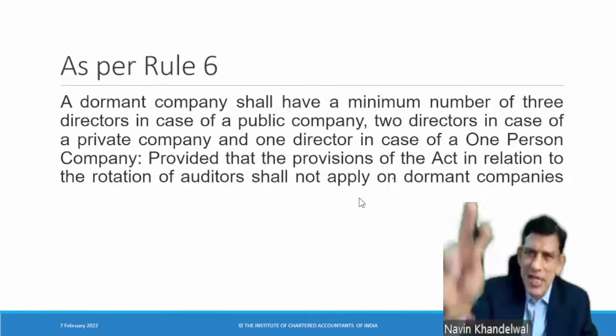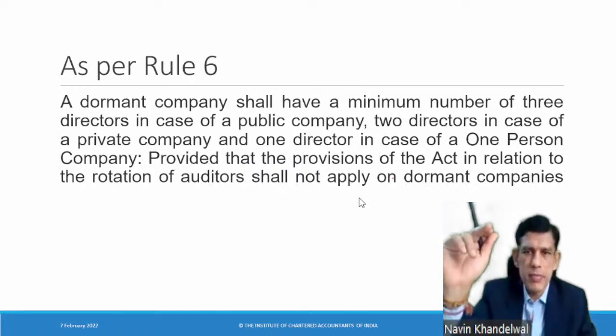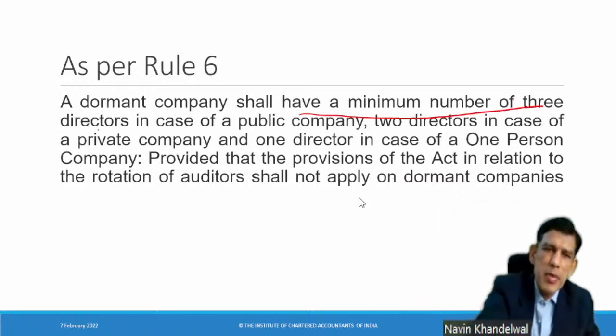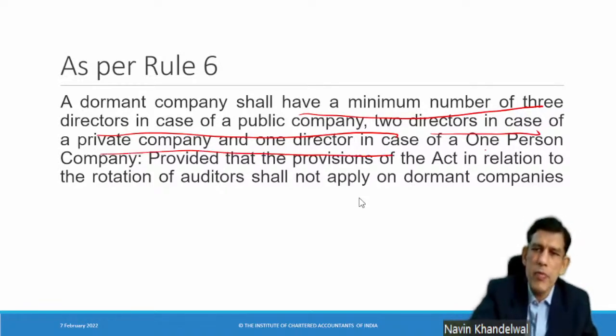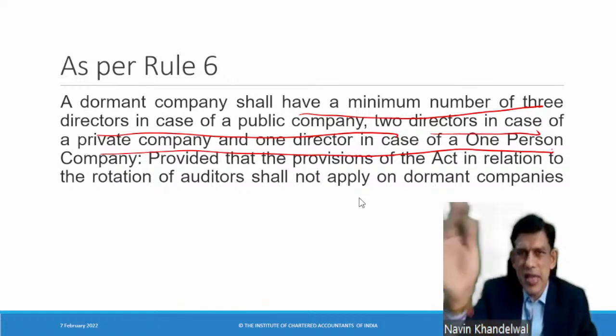So as per rule number 6, a company shall have minimum 3 directors in case of a public company, 2 directors in case of a private company, and 1 director in case of a one-person company. So the rule remains the same.